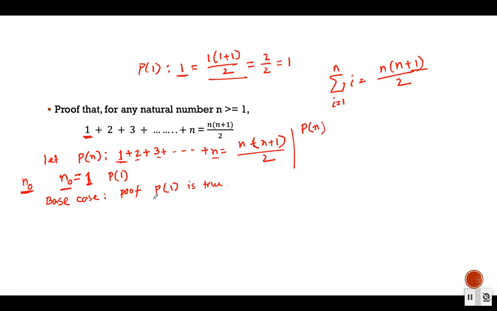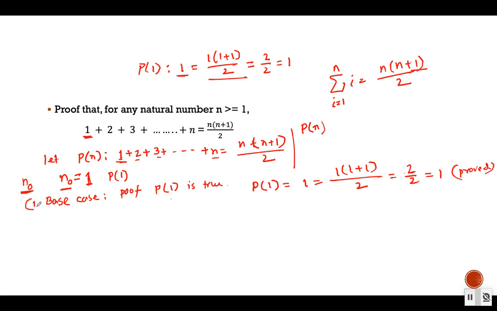So it's proved that P1 is true: 1 equals 1 times 1 plus 1 by 2. All we are doing is plugging in the number, which gives 2 by 2, which is 1. So the base case is proved.